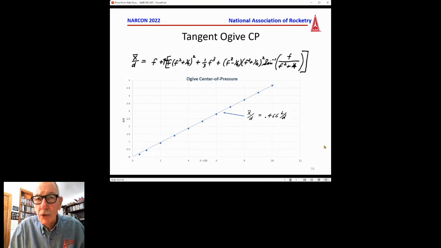It's a tangent ogive because the base of the nose cone is derived from the radius of a circle. So you take that arc that comes from a radius of the circle and extend it down to the tip of the nose, however far you want to go.